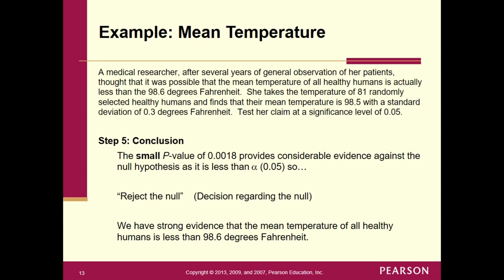And what are we going to say? When you reject the null, we have strong evidence. Remember, we started off like that. We have strong evidence that the mean temperature of all healthy humans, which is, oh, I got to get my pen back out. So right here, the mean temperature of all healthy humans, what is that? That's mu.